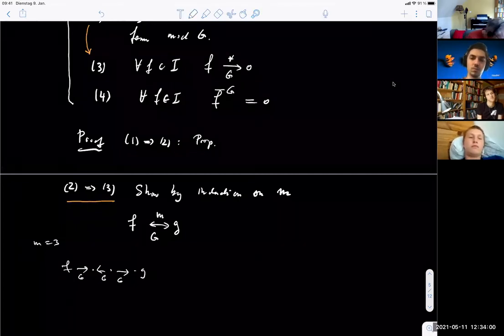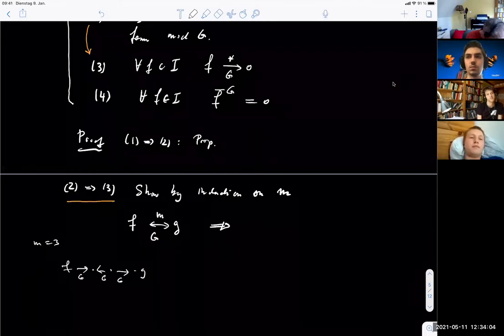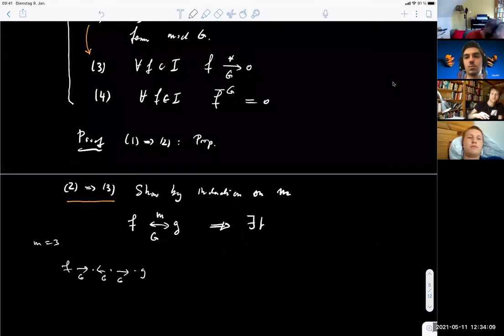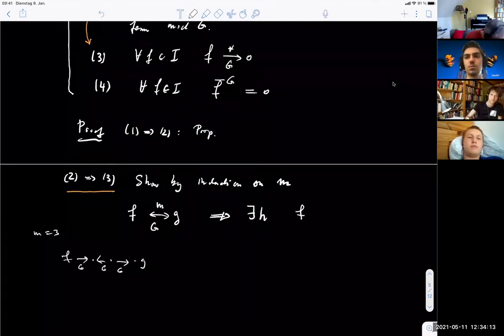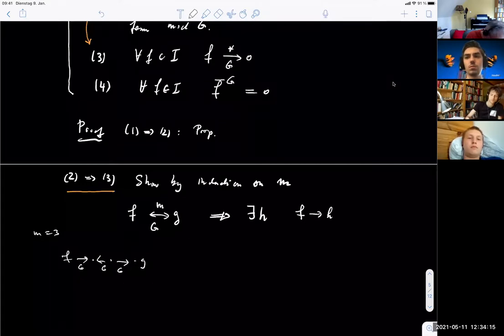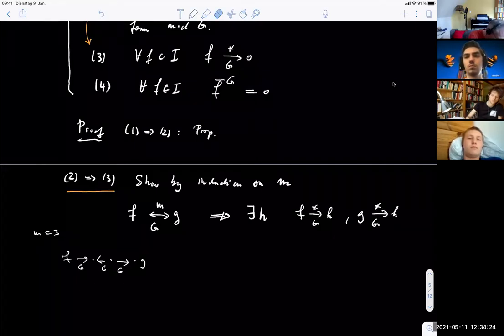And the statement is, if F and G are m-equivalent mod G, there is an H such that F reduces to H mod G and G reduces to H mod G. I like to draw a picture, maybe in color.